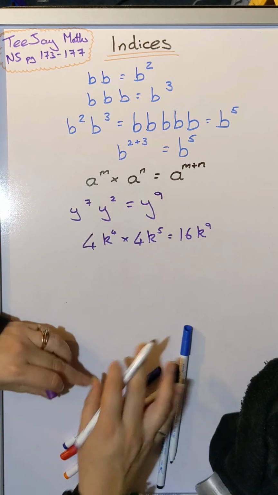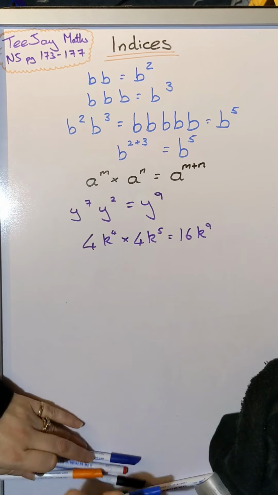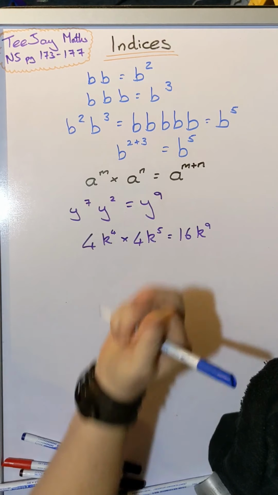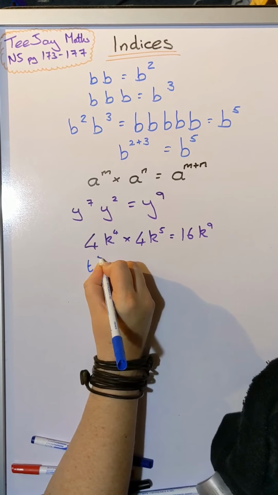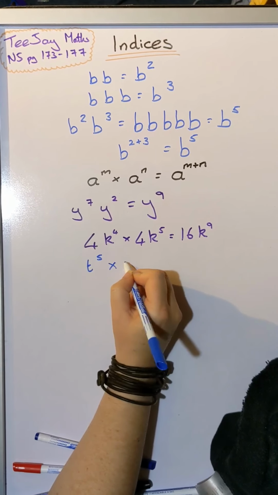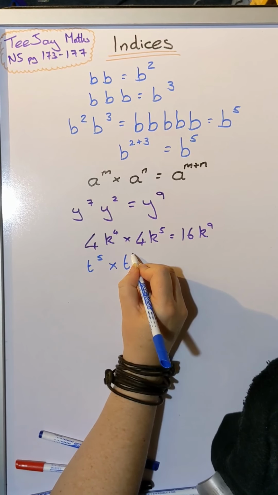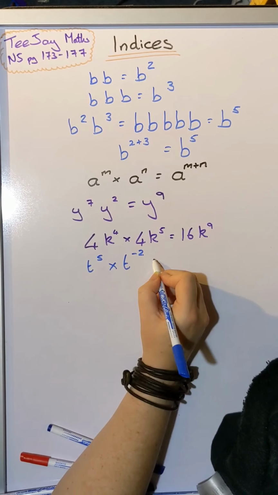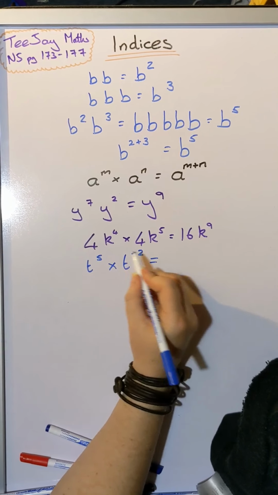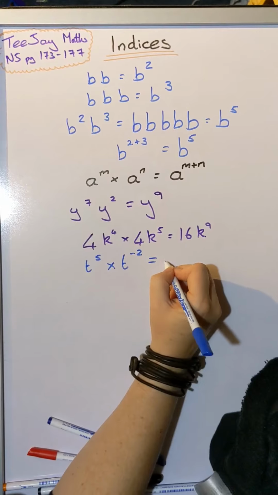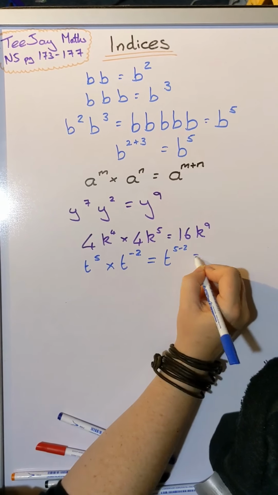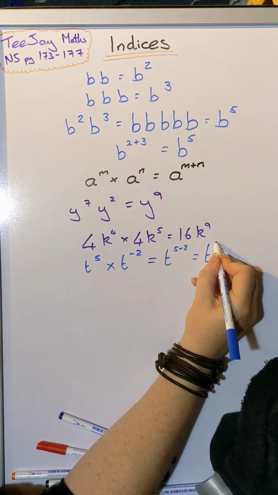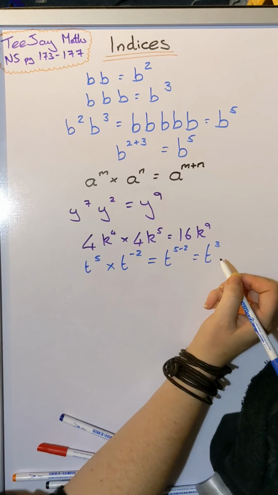I'm going to take that one step further. If we have t to the power 5 times t to the power minus 2, we still add the powers. So we have t to the 5 minus 2. So we have t cubed, t to the power 3.